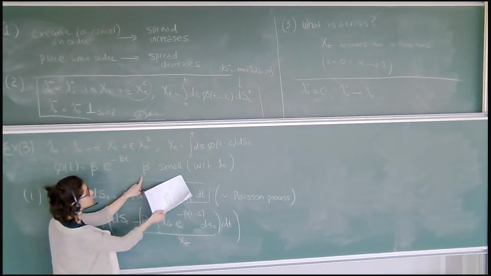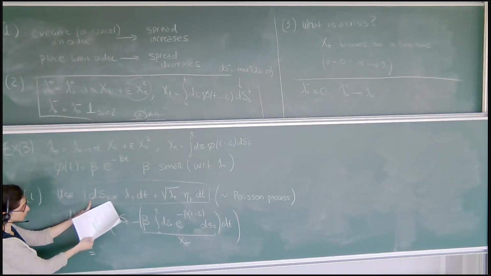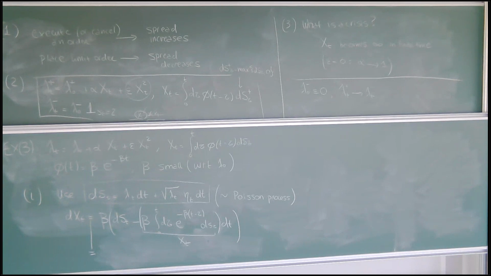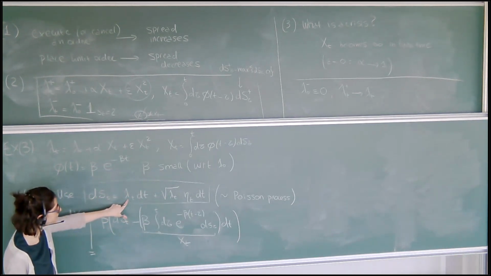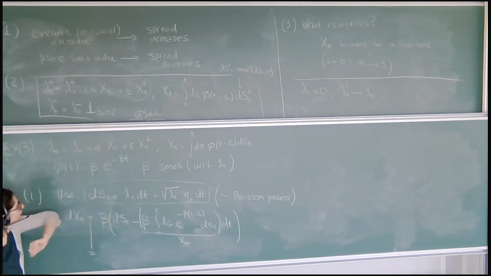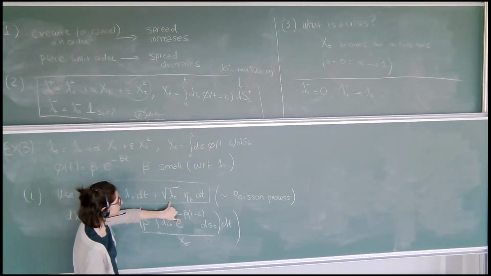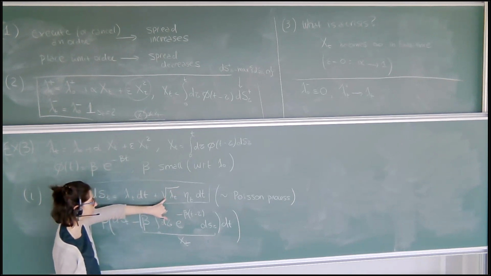Under this assumption, you can argue that the equation for your process, which gives you the number of events that you expect to occur in a given interval dt, can be written in the following way. It has a drift term, which is proportional to your excitation rate, λ plus, and then it has some noise, which is proportional to the square root of this excitation rate.